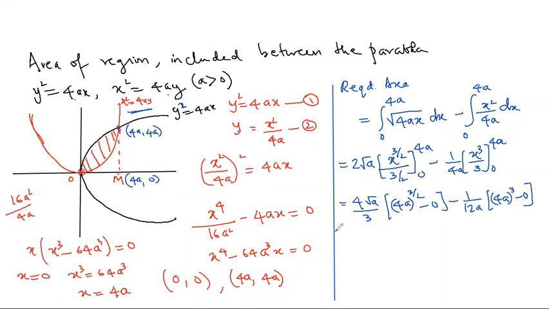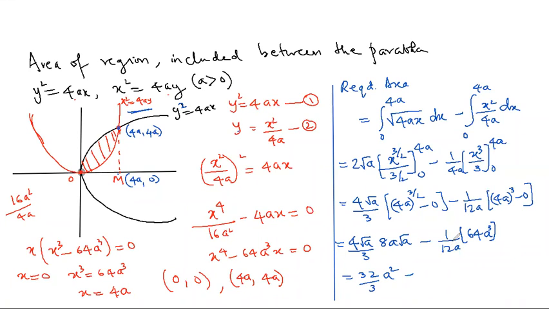Now let's simplify this. This became 4 root a by 3, 8a raised to 3 by 2, minus 1 by 12a, 4 cube is 64, a cube. So simplify and tell me, help me out. 32 by 3 a into a square. Here 64 and a cube, a square.